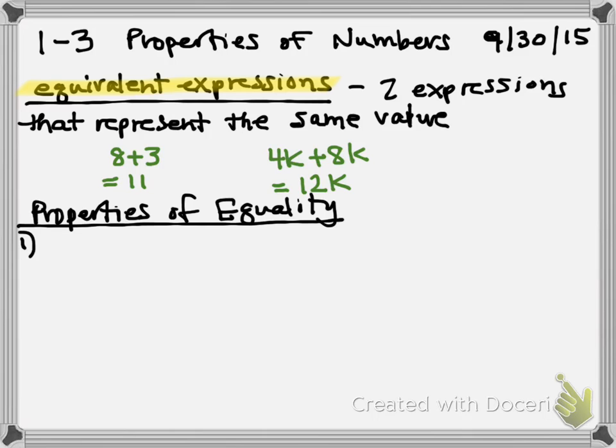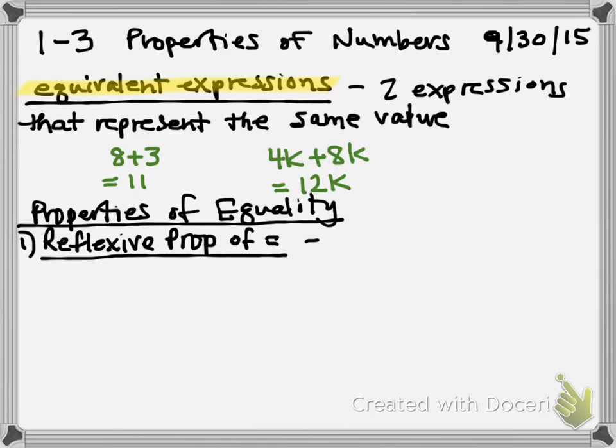So first one is called the reflexive property. And it does have the tag of equality. So notice how I kind of do a little bit of abbreviation. That's okay. And basically it says a value is equal to itself.